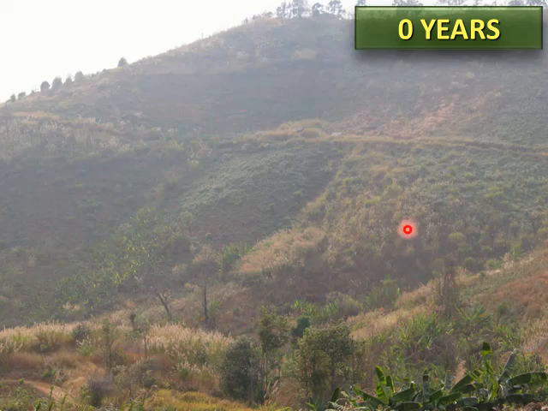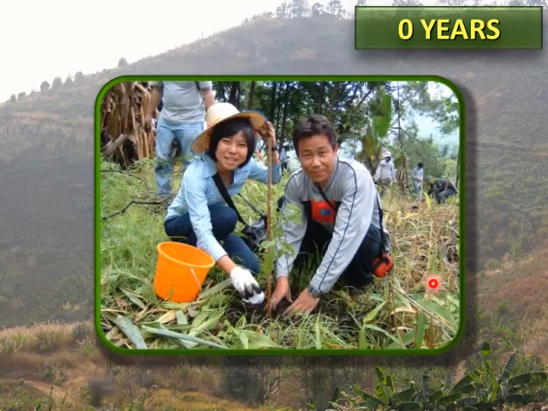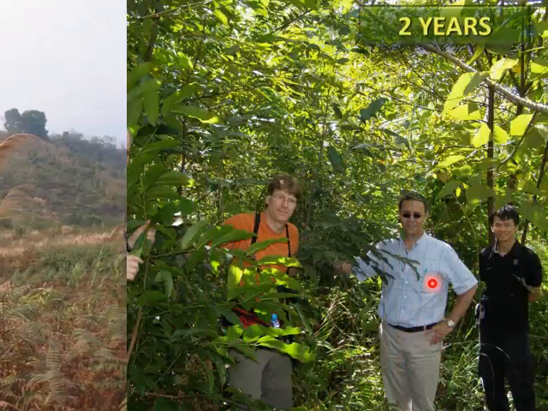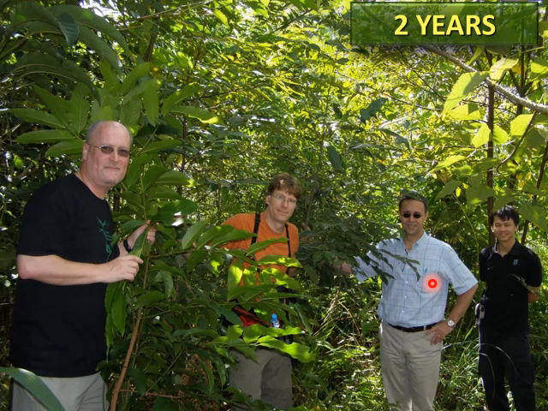But natural regeneration is a little bit sparse here, so we've got to do some tree planting. So we go out and we plant our framework tree species and set up our experiments. Within 2 years, the forest has closed canopy, and you're beginning to get the feel that a forest is developing.